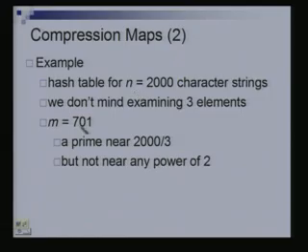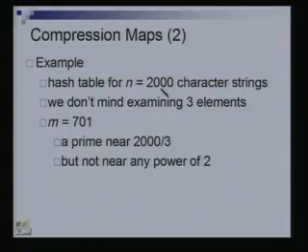I will try to pick the size of my hash table, let us say, at 701, which is a prime number. This will ensure that if things went well, then on an average I would see only 3 strings per location. 701 into 3 is roughly 2000.